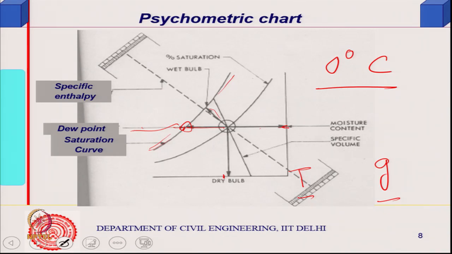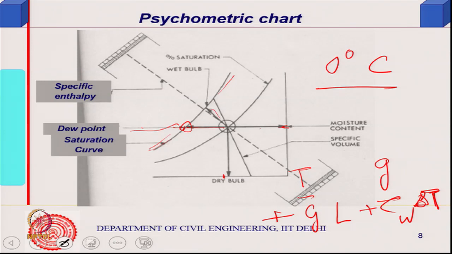So, G into latent heat of evaporation L, that is the amount of heat it would have absorbed, plus specific heat of water into delta T, or T, because delta T here corresponds to T degree centigrade minus 0. So, Cw plus this is the moisture content in unit mass of air.